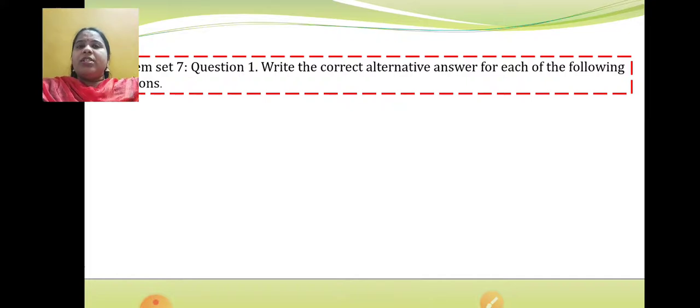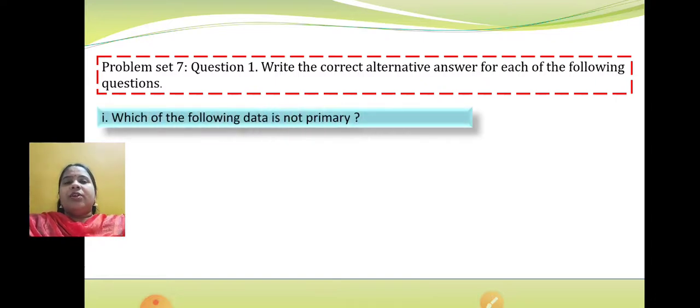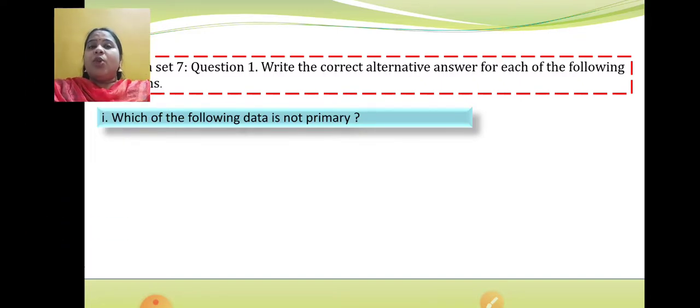Now based on this, I have taken a few MCQ questions from the problem set. Okay, so problem set 7, question number 1 is write the correct alternative answer for each of the following questions. Okay, the first question is which of the following data is not primary? Read the question properly. Question asked is it is not primary.